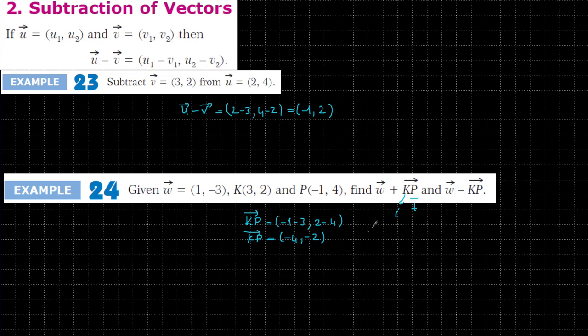Okay, now we are going to find W plus KP.